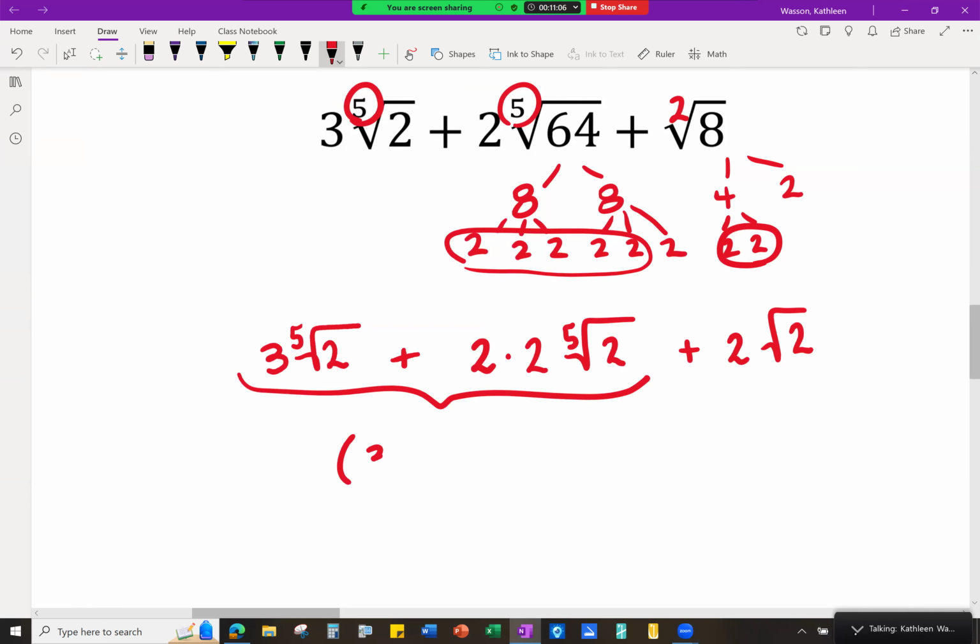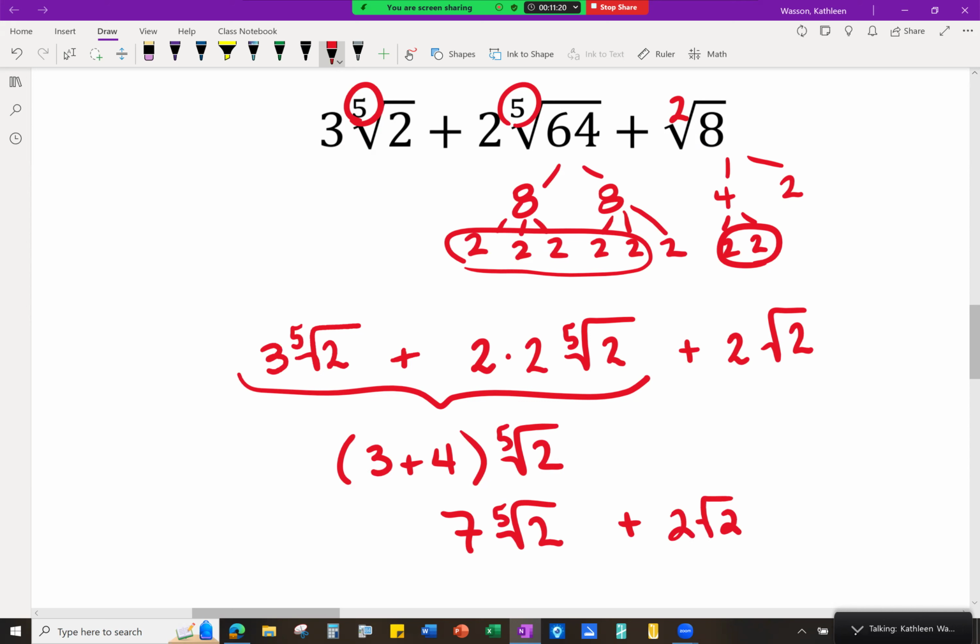And I'll have 3 plus 4, fifth root 2, which is 7 fifth root 2. And then to that I'll add 2 square root 2. Since the radicals don't match, I can't combine those.